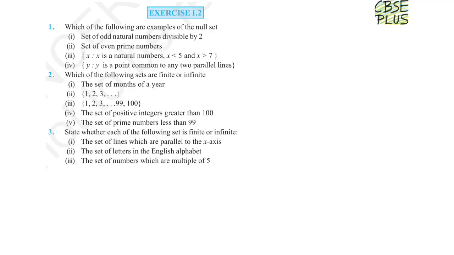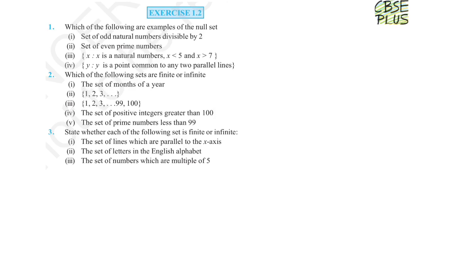Which of the following sets are finite or infinite? So in question 2 we have to find out which of the following sets are finite and infinite. About finite and infinite sets, it's very simple. Finite sets are those sets the members of which are finite. So in a set, if there are members which can be counted, which are finite in counting.